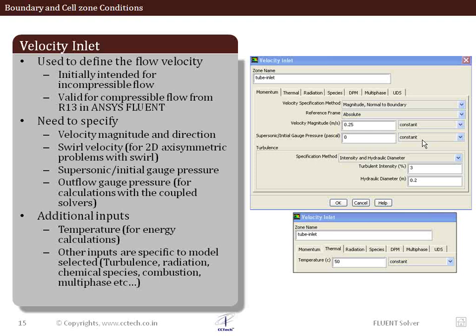Let's say radiation modeling is being done, or chemical species, or combustion, multiphase kind of models have also been included. Let's say we are having a multiple species simulation. In that case, we also need to include the different compositions of the different species which are entering with this velocity of 0.25 of the single phase. So these specifications depend very much on the models that have been included in your problem.